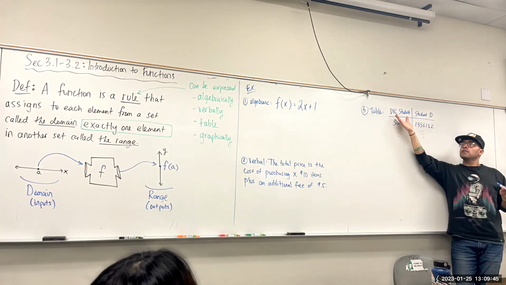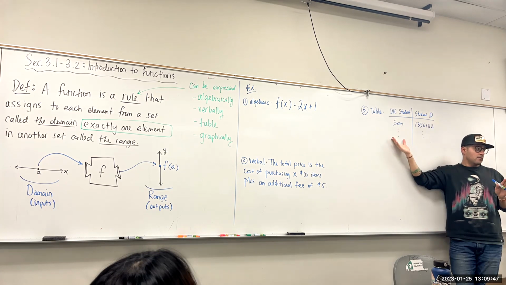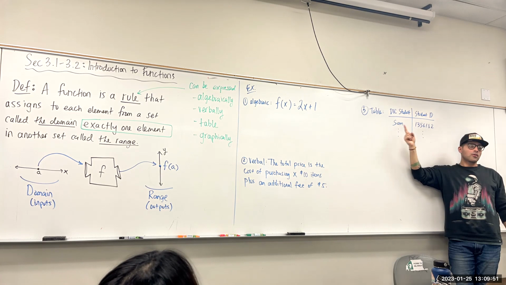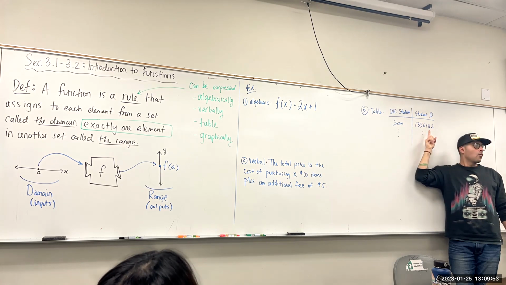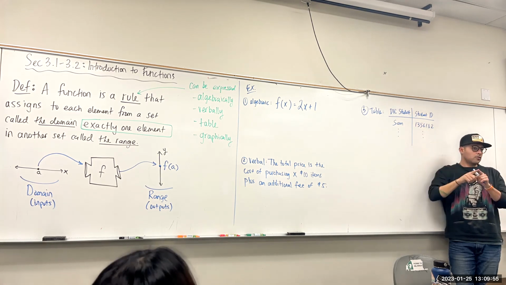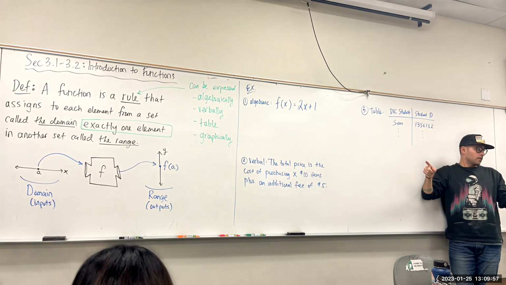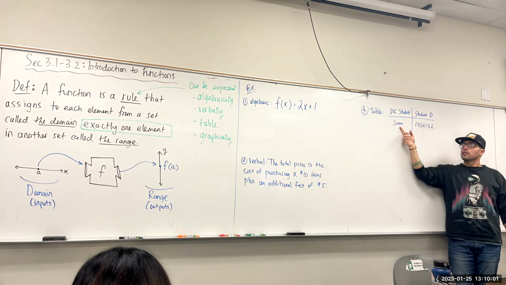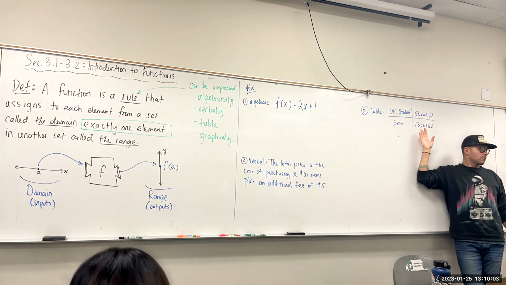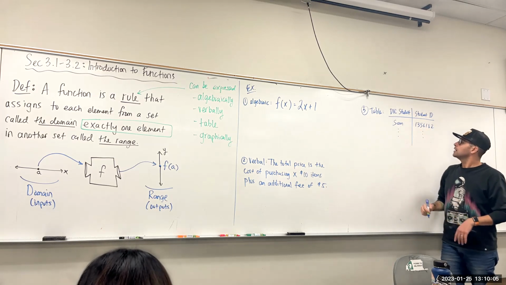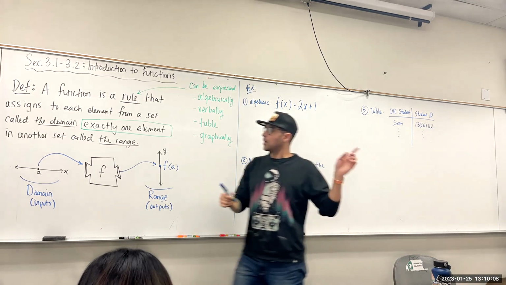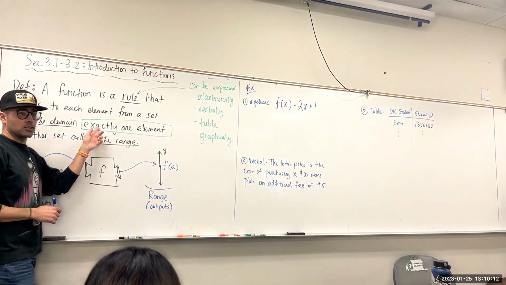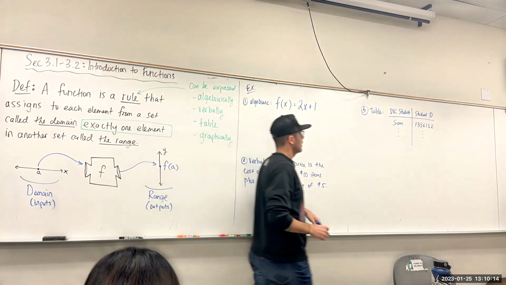If the DVC student is the input, then according to that definition, that student should only correspond to one student ID. It can't correspond to multiple student IDs. Is that true? Oh God, I hope so, right? So yes, this would describe a function. And when you look at tables on the homework, you want to be very careful that you are talking about a function.